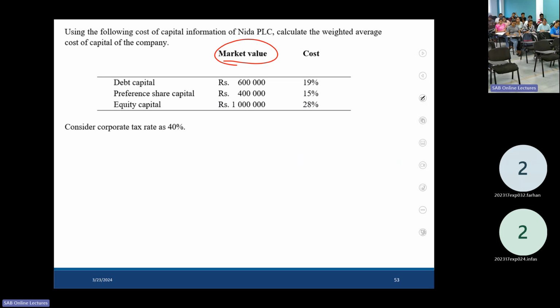You can calculate weights based on balance sheet information, that is on book value, but normally the cost of capital is calculated based on the market value weight. So you are given the market value of the debt capital, the preference shares, and the equity capital. How much is their weighted average cost of capital?